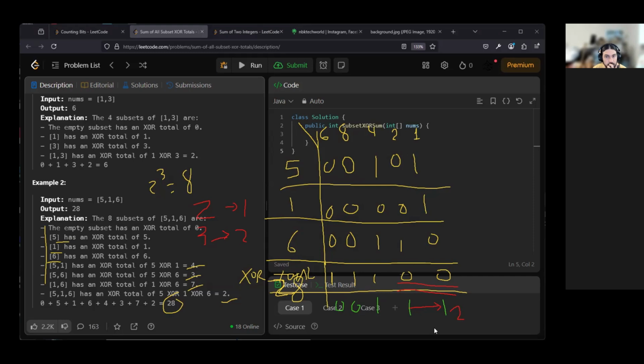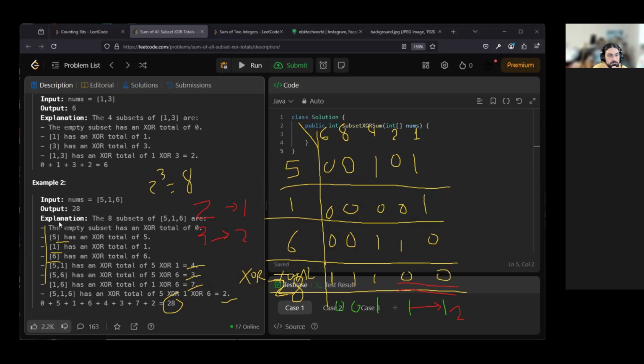And if you do the ORs, maybe, let me see here. Does that make sense?